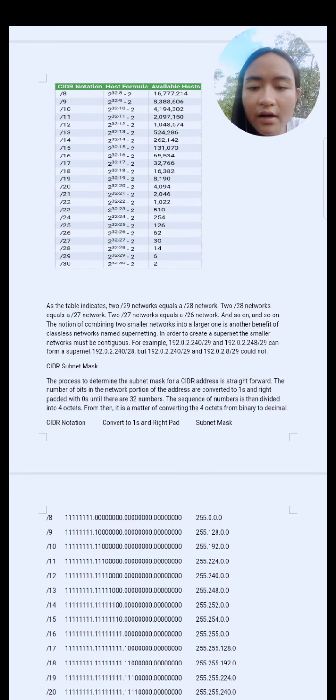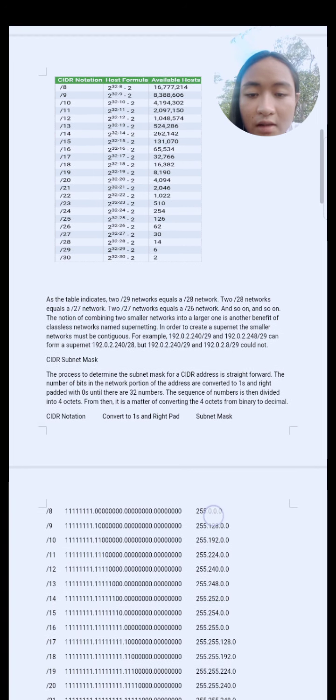So, CIDR subnet mask. The process to determine the subnet mask for a CIDR address is straightforward. The number of bits in the network portion of the address are converted to 1 and right-padded with 0 until there are 32 digits. The sequence of numbers is then divided into 4 octets.